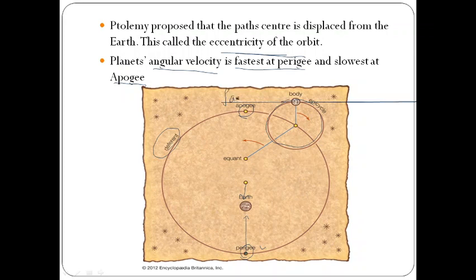Apogee is the farthest point of the planet from the Earth. So we have two points here, apogee and perigee. And the planet will have maximum angular velocity at the point of perigee, and they will move in a slow fashion at the apogee. So this was another observation and proposal made by Ptolemy.